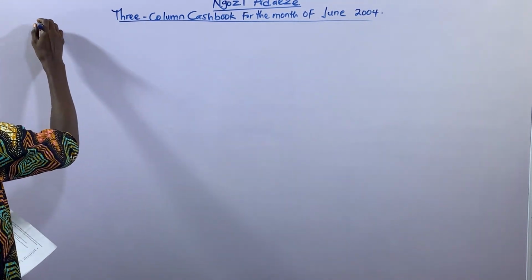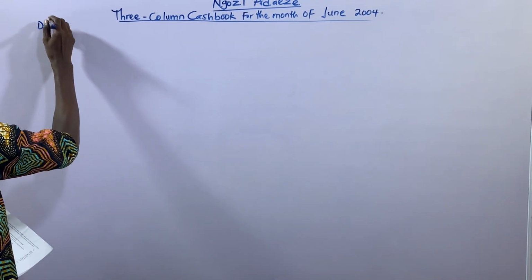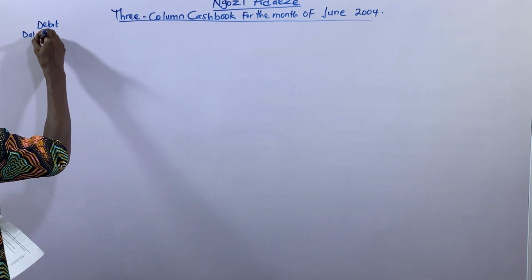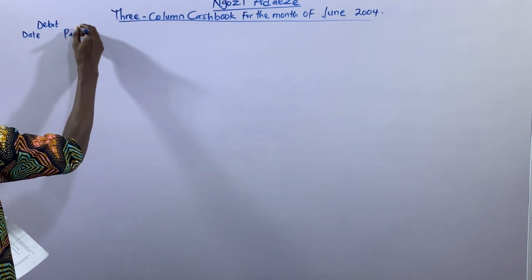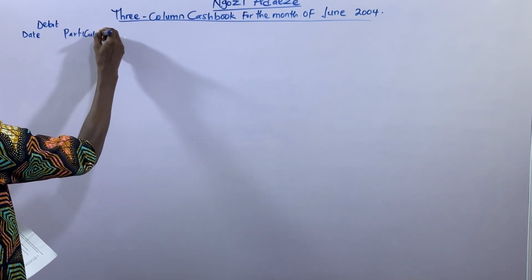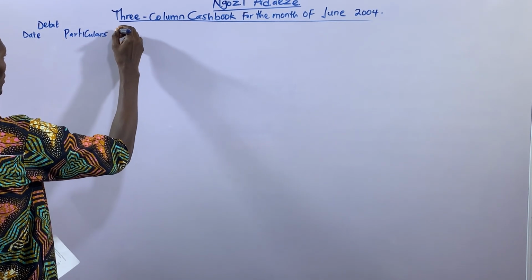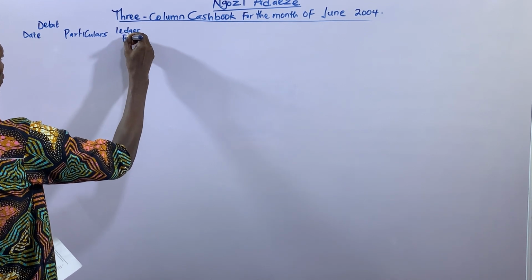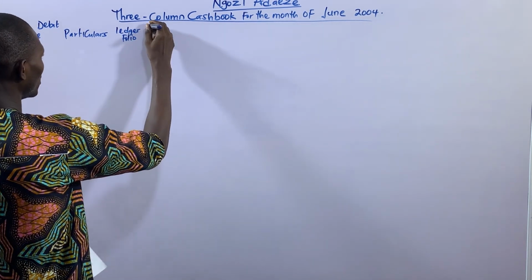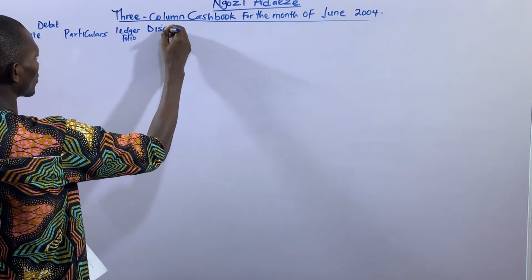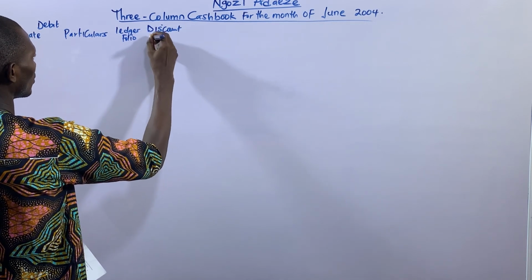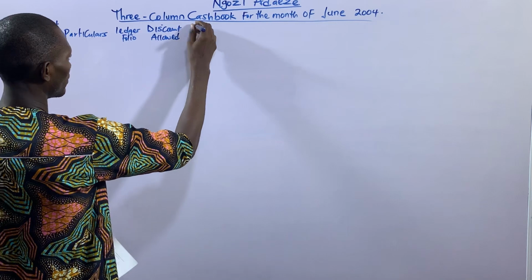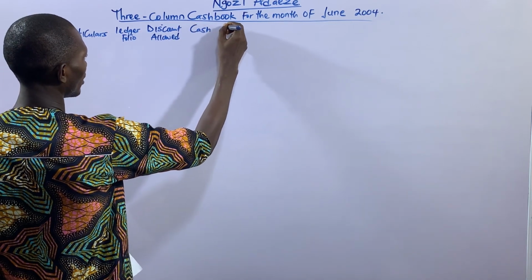For the debit side, I have dates, particulars, then we have ledger folio, then we have discounts allowed, and we have cash and bank.